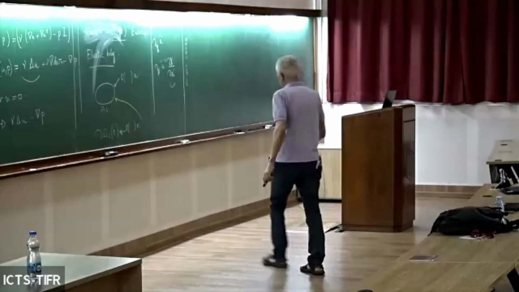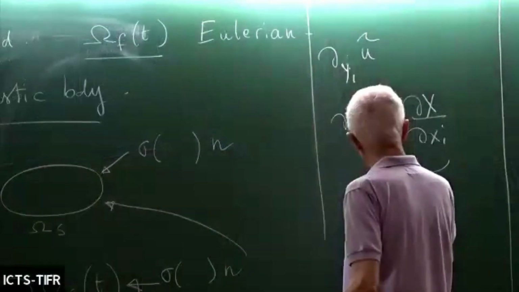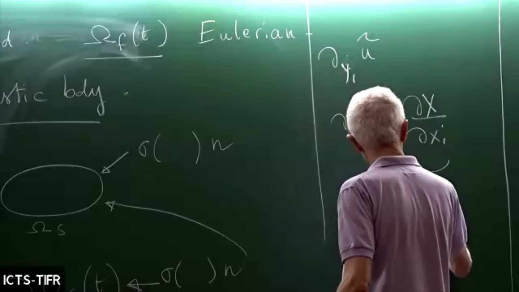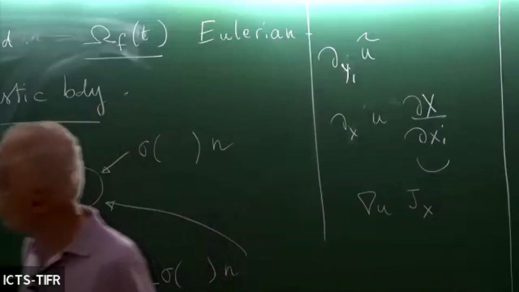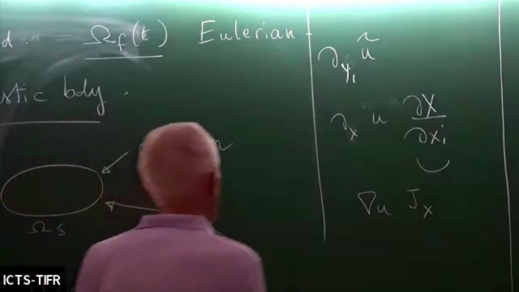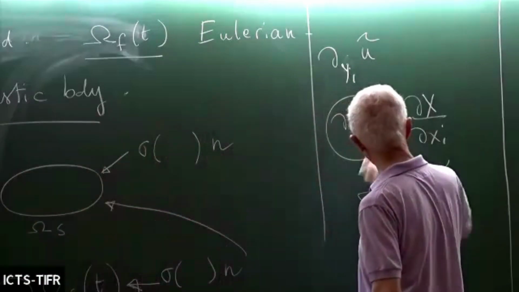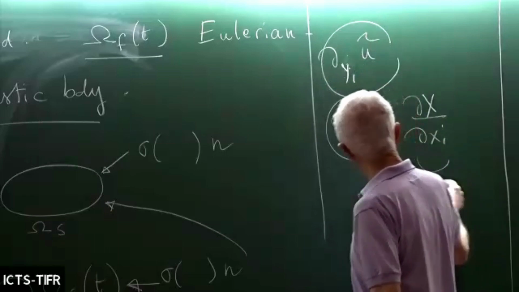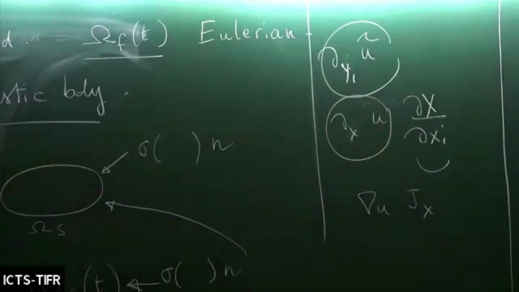So this is nothing else than grad U times the Jacobian of the transformation X. And now, if I need this quantity in terms of this one, I have to compose by the inverse of the Jacobian of X, which is the Jacobian of Y. So this is the chain rule formula for a vector.